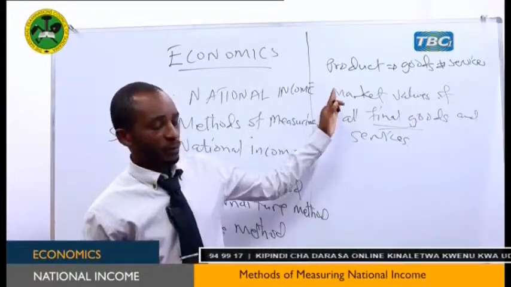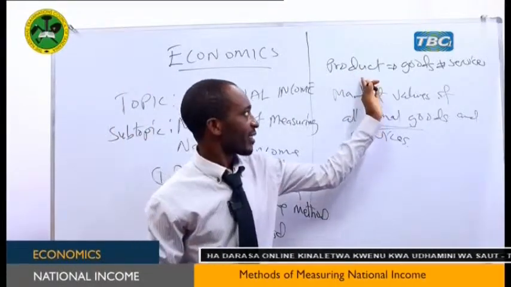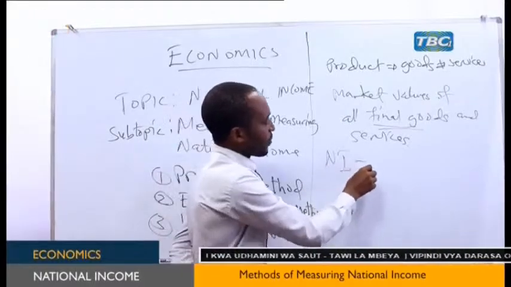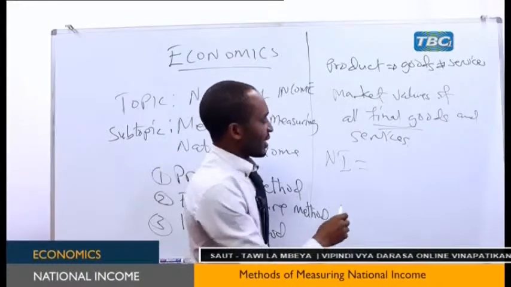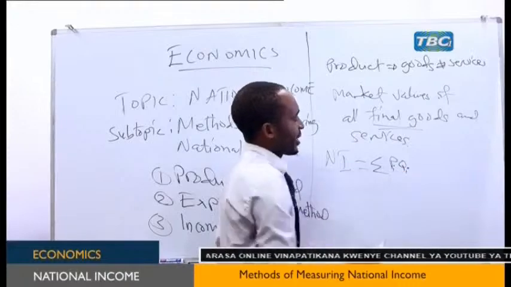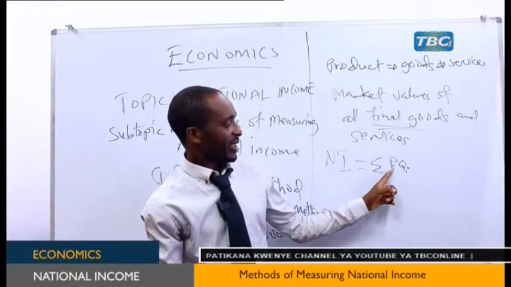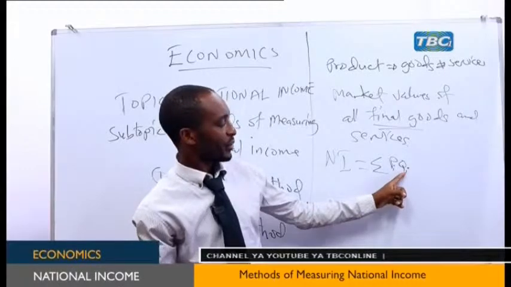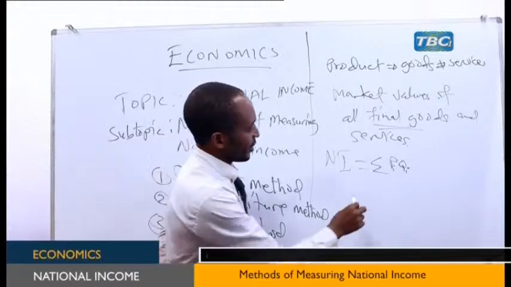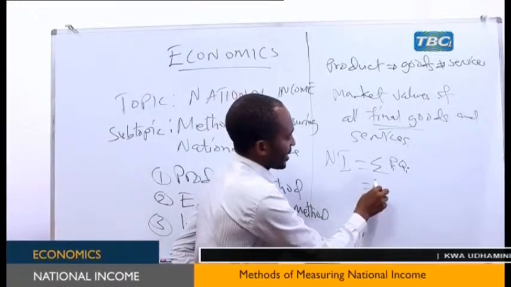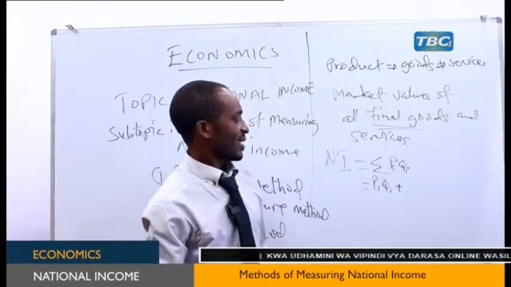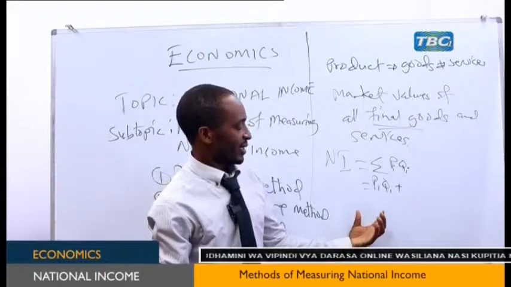So now how can we calculate the national income by using this product method? It means the national income will be equal to the summation of PiQi, whereby P is the price of a commodity and Q is the quantity of that commodity. So let's say you take the price which is P1 times Q1, plus, let's say we have another product, maize.